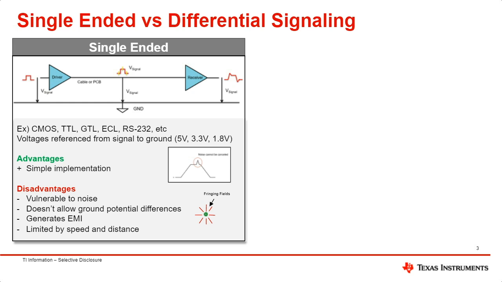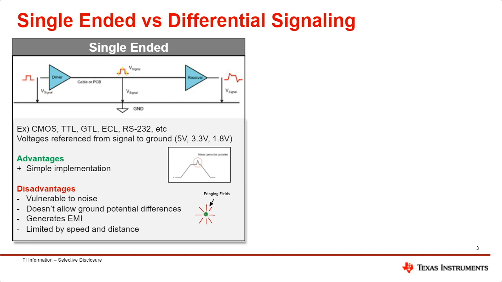All of these factors limit the speed and distance that you can transmit over these single-ended interfaces. There are some other protocols like RS-232 that have a wider voltage swing that enable you to transmit over longer distances, but they have their drawbacks in terms of data rate and other factors.